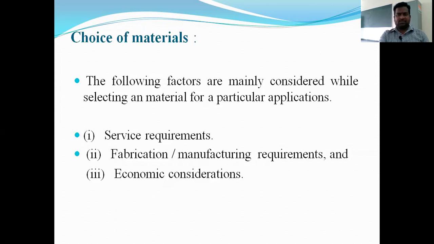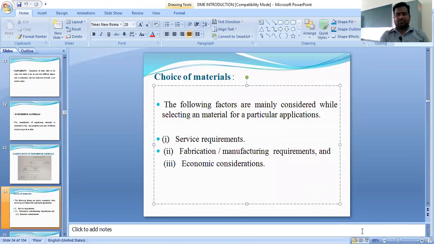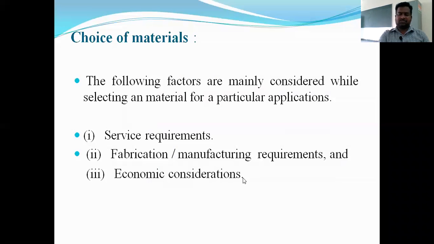The following factors are mainly considered while selecting a material for a particular application. One is service requirements, second is fabrication or manufacturing requirements, and third is economic considerations. These three factors influence the choice of materials.